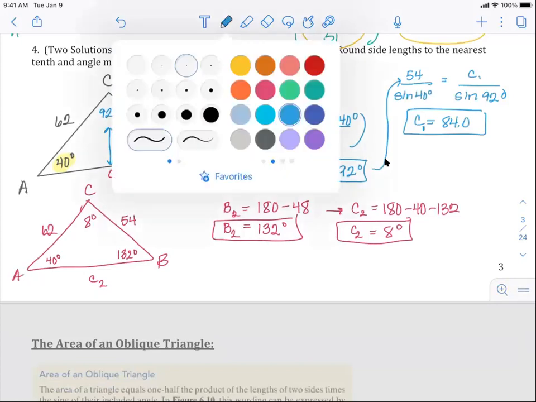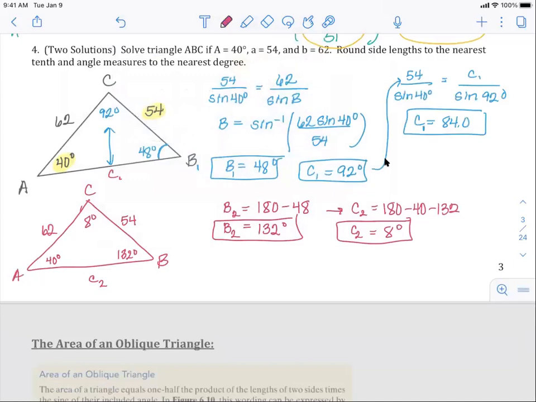And then lastly, if we go down and consider the red triangle, we know that we have 54 over the sine of 40 degrees equals C2 over the sine of, this time, 8 degrees. We're using this pair right here.